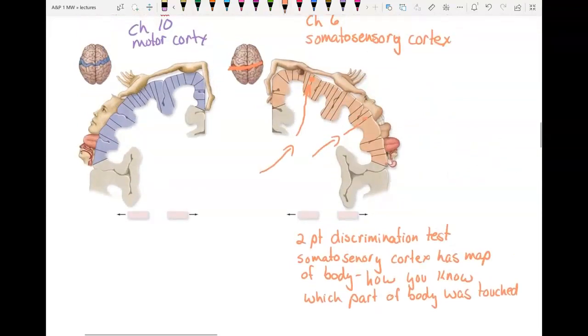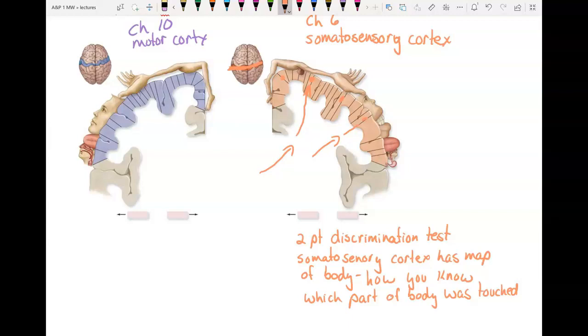So for example, if your brain gets a signal right here, it knows that your thumb was touched. If your brain gets a signal right here, it knows that your knee was touched. So this map is how you know which part of the body sent the signal.